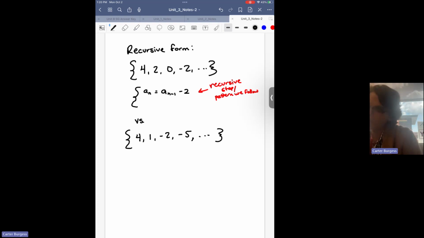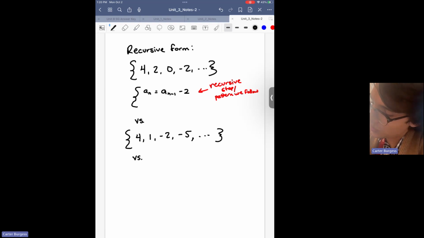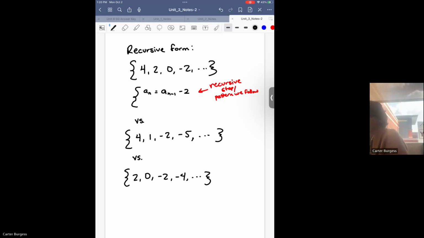But is it always going to be enough? For instance, what if we were to compare my sequence above with the sequence that is 2, 0, -2, -4, and so on? Well, first of all, is this new sequence the same as the sequence that I have up there? No, it's not the same. In particular, order matters.